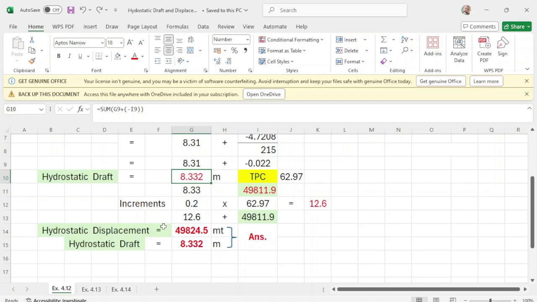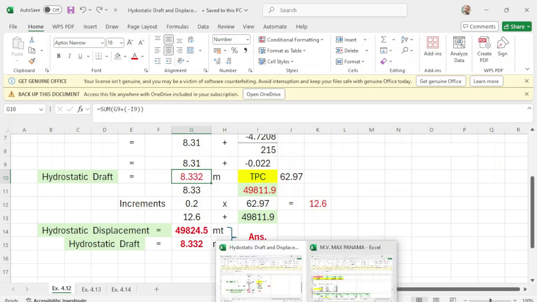So 12.6 plus the displacement from 8.33, and your final displacement will be 49824.5 from your hydrostatic drop of 8.332. We will check, guys, if this is correct.